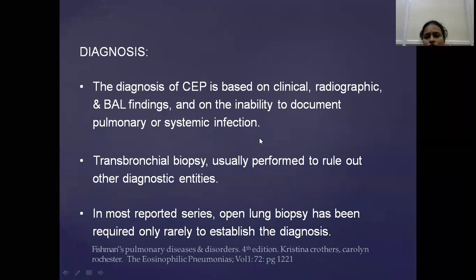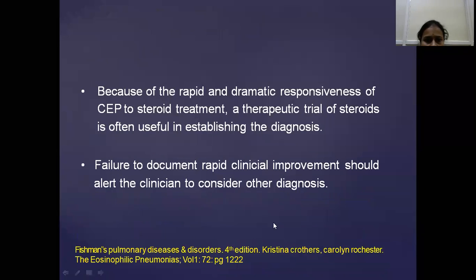How to diagnose chronic eosinophilic pneumonia? Based on clinical, radiographic, and BAL findings, and inability to document any infectious etiology. Transbronchial biopsy is usually performed to rule out other diagnostic entities. Because of the rapid response to steroid treatment, a therapeutic trial of steroids is often useful in establishing the diagnosis.